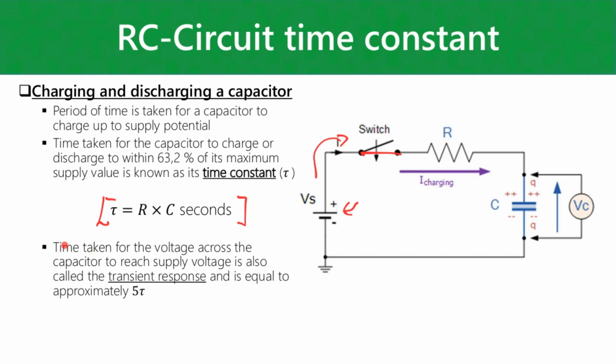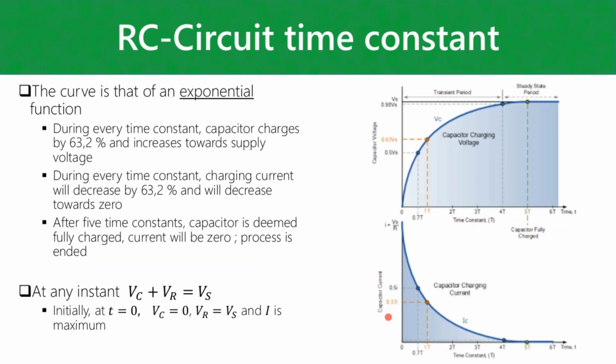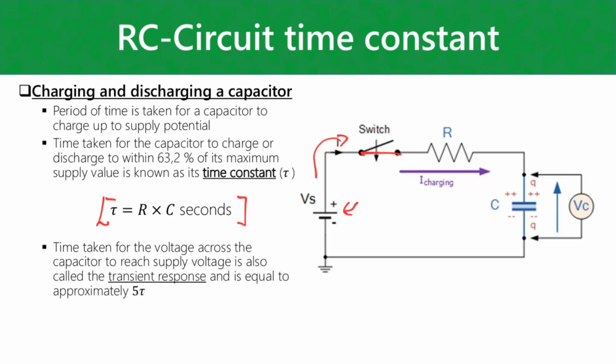We can also take notice, and in fact we need to look at the graphs for this, that the time taken for the voltage across the capacitor to reach the supply voltage is also called the transient response, or the whole action of that happening.